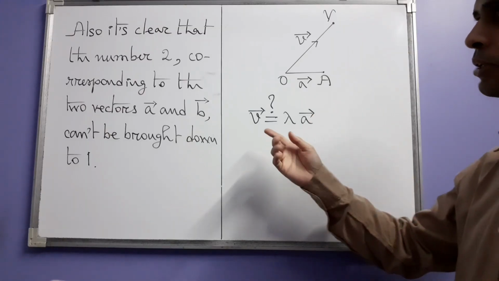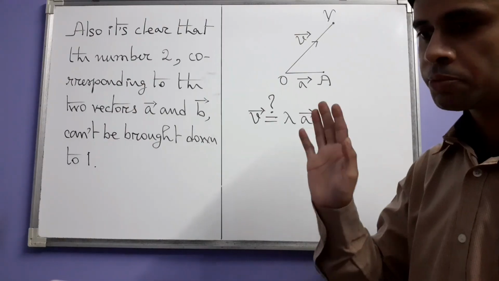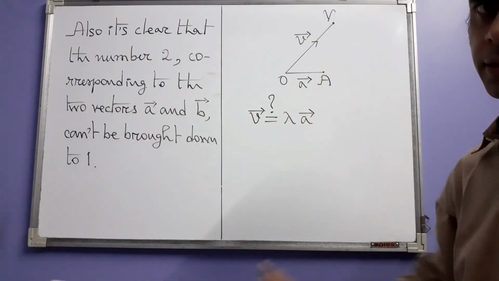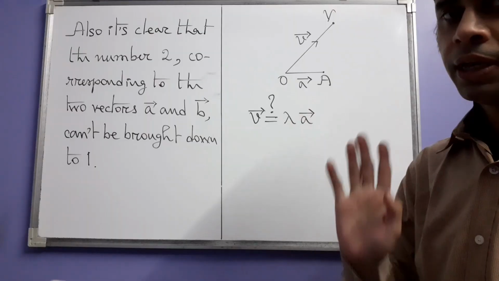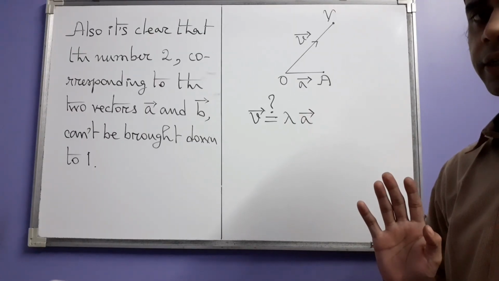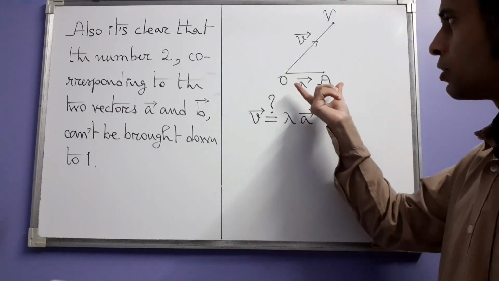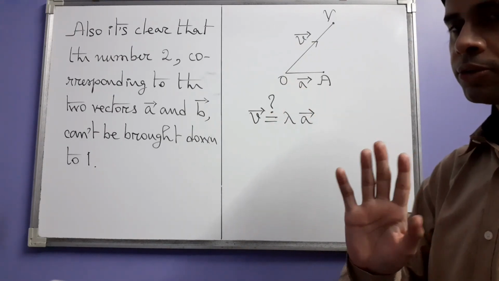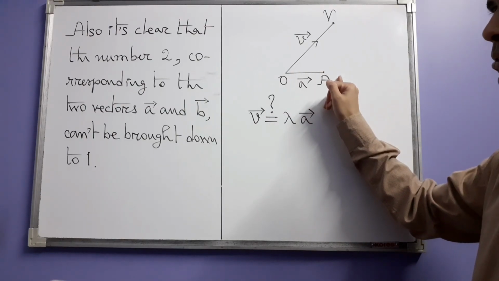Whatever we found about the ability to express all vectors V in that plane as linear combinations of A and B, you will no longer have that ability if you remove one of the vectors, say B, and consider only the vector A, which is non-zero. Say its representation is this in this plane.